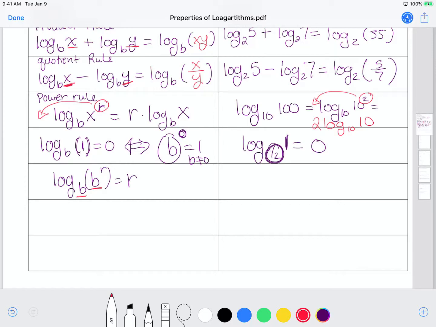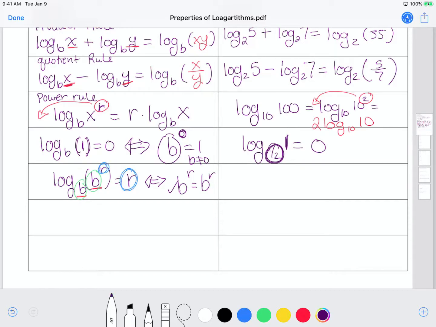And that is because if I put this in exponential form, my base is b, I raise it to the power of r, and that's equivalent to what's inside my parentheses, so this checks out every time. So if these two are the same, then my answer is going to be r every time.